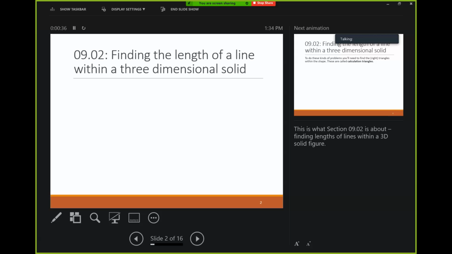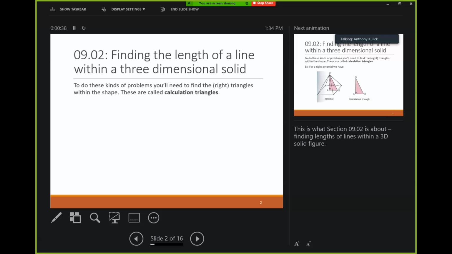So the technique that we'll use to find those lengths is drawing something called a calculation triangle. Often, what we'll need to do is draw some right triangle inside of or on top of our three-dimensional figure, and we'll call that triangle a calculation triangle.